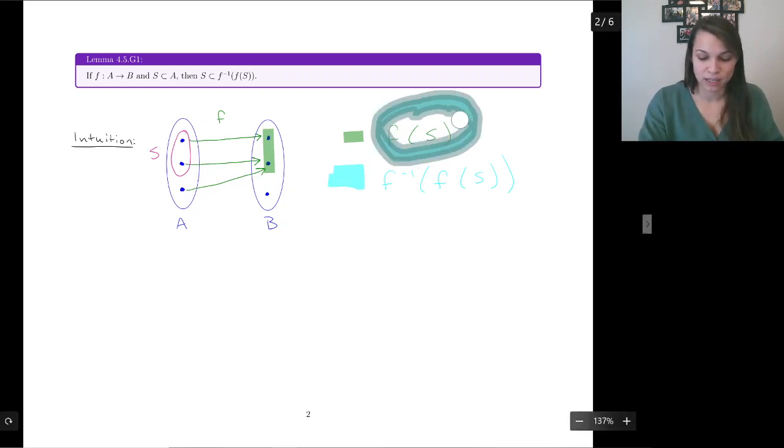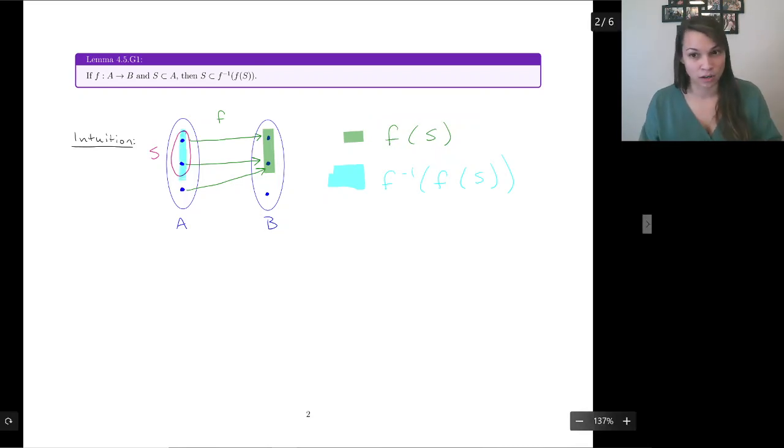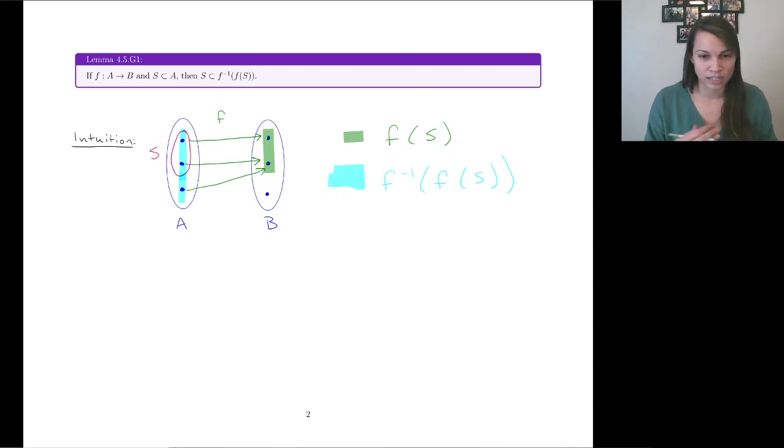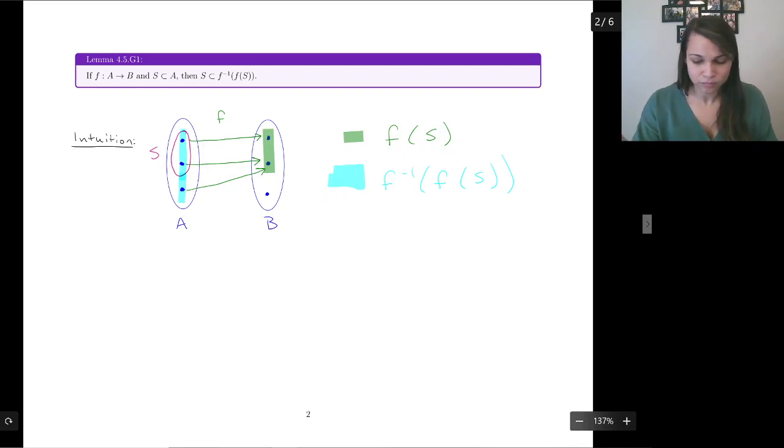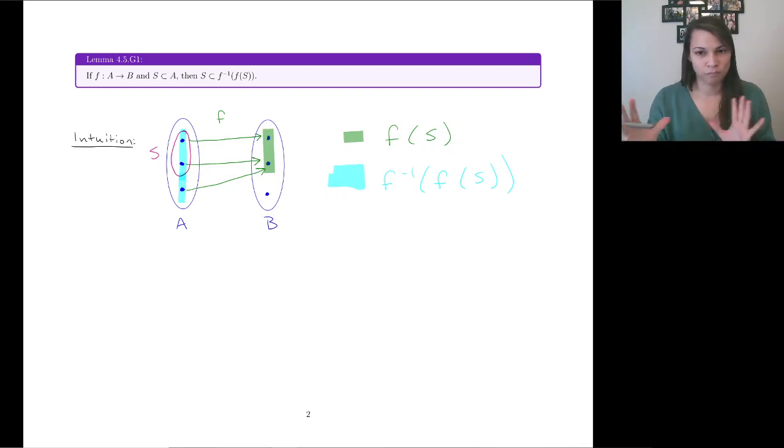Everything that could map here would include certainly the things that we know mapped there. We already checked those guys. But it also includes this last element. And so there could be things that are mapping there that we didn't have in our original set S. So that's basic logic overview for why that works. It is not a proof.